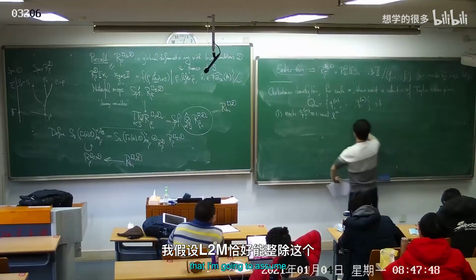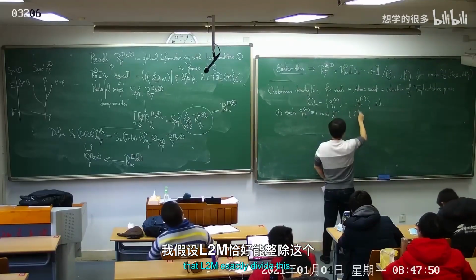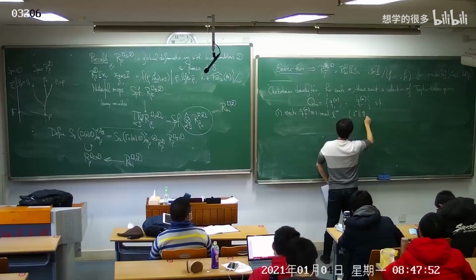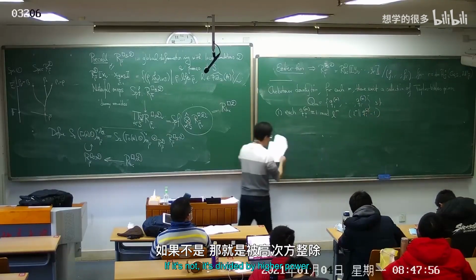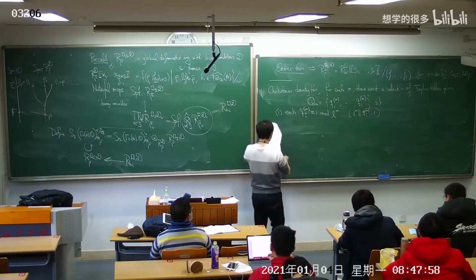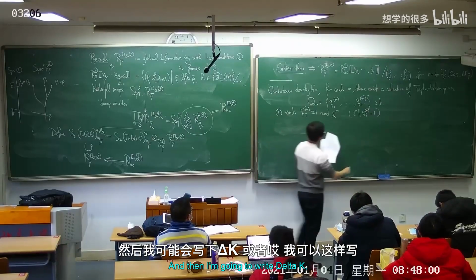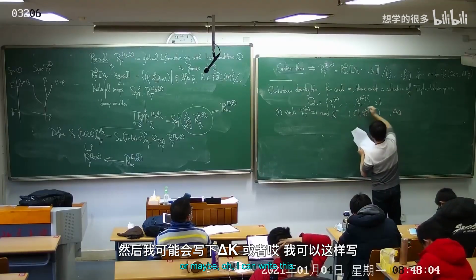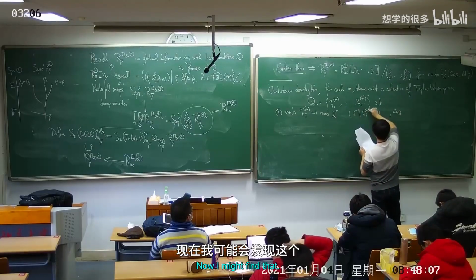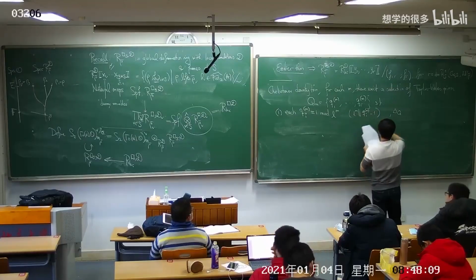For simplicity, I'm going to assume that L to the M exactly divides this. There is an easy fix if that doesn't happen, if it's divided by a higher power. Then I'm going to write delta Q. So this L to the Mi divides that.